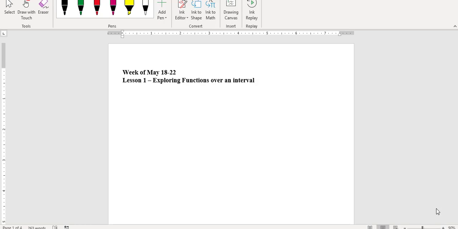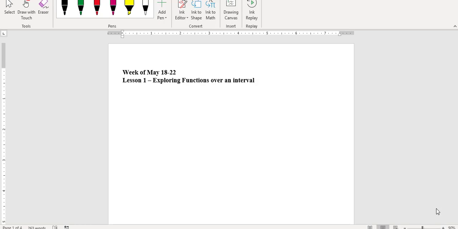We're going to look at the first lesson for this week, which is returning to functions. Now that you have spent most of this year talking about linear functions, and you've learned about quadratic functions, and we spent the last 2 weeks talking about exponential functions, we're going to put all that stuff together and learn a couple of other ways to explore functions and what can happen.